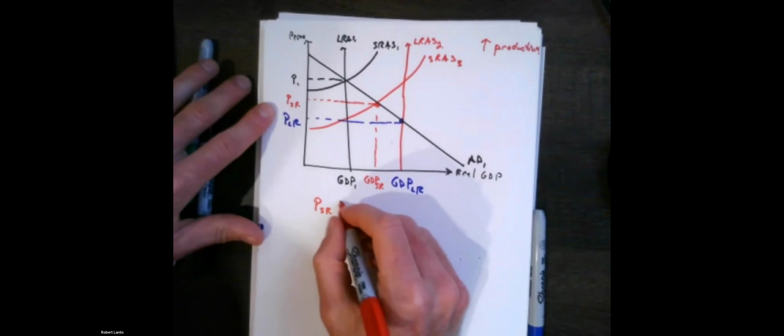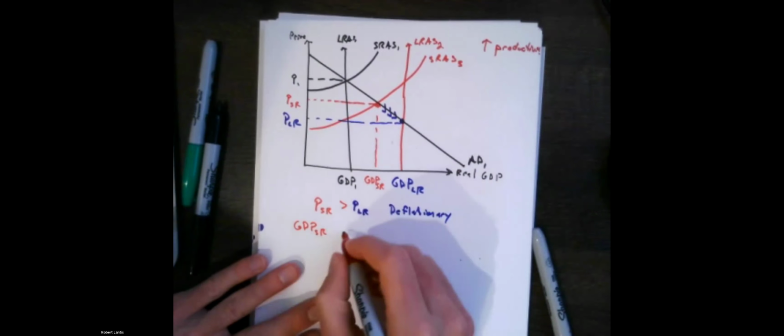Well, here, after that change, here's the short run GDP, and here's our short run price. So what do we have? Current prices are greater than where we know prices are going to be in the future. We expect lower prices, or we expect deflation. So we've got this deflationary gap.